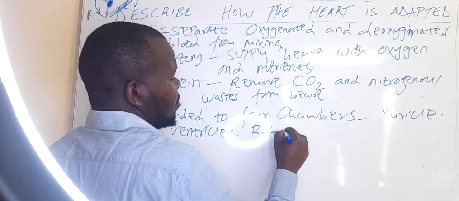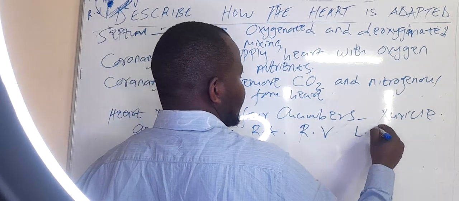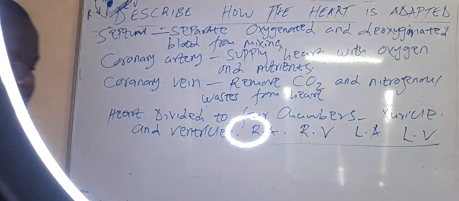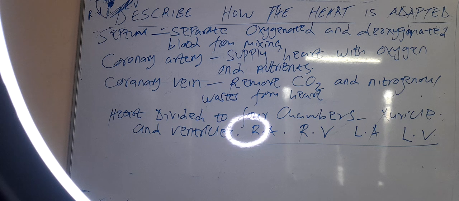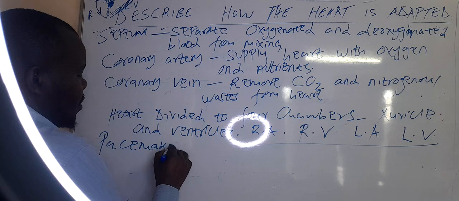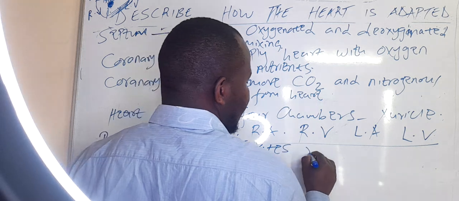We have the right auricle or atrium, right ventricle, then left atrium, left ventricle. That is how it will be divided. Then the last one, we can speak about the pacemakers. Then these pacemakers will do what? Initiate. This one initiates what? Rate of heartbeat.